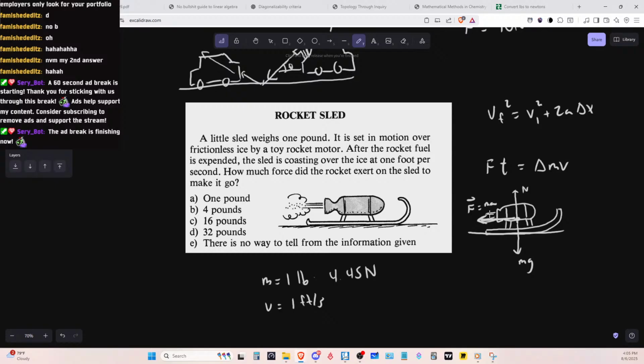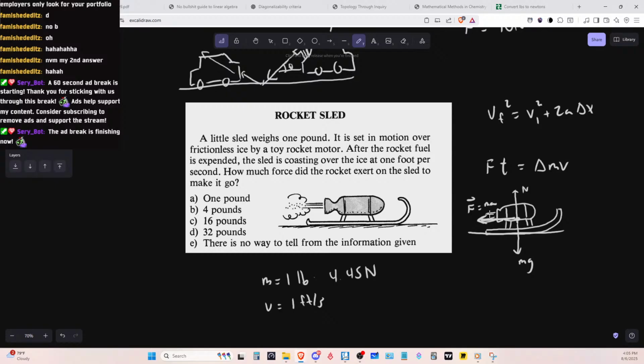So I think 32 pounds is out. And I think 1 pound is probably not enough. So it's either between C or B. I think I'm gonna go with C.